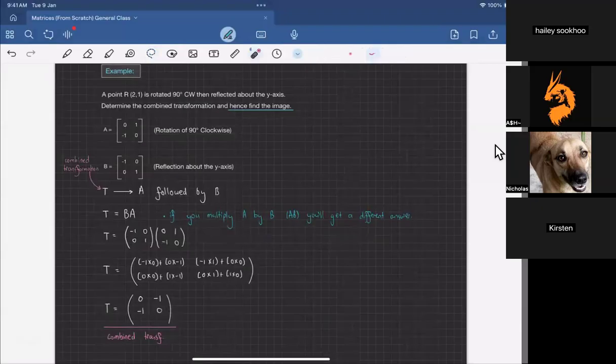How many transformation matrices do we have in this question? Two. So what I could do is multiply R by A first. Whatever result I get, I could then take that result and multiply it by B to get my final answer. Does that make sense? Yeah. So if I multiply R by A, the answer I get would be what?